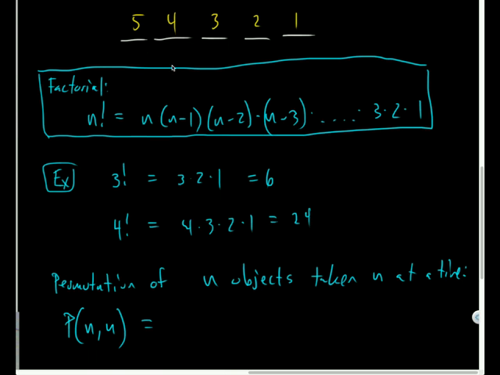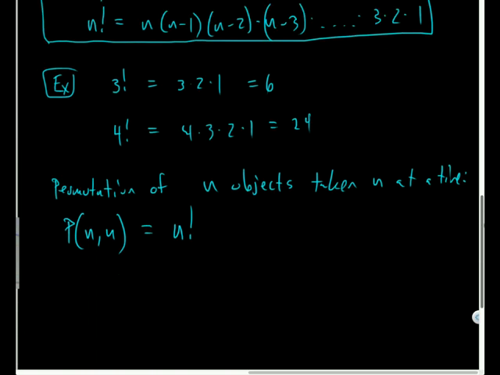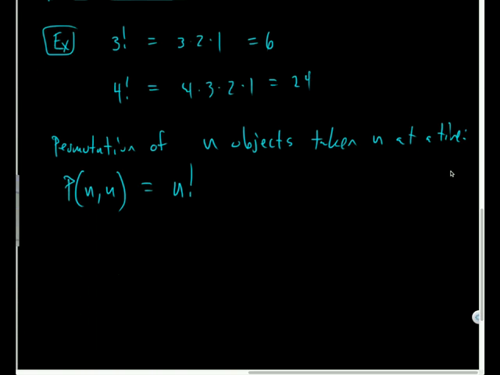So arranging 5 horses in 5 rankings will be defined as n factorial, right? Which is what we'd found earlier.